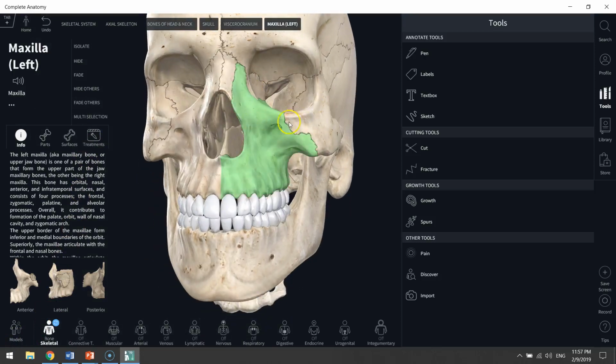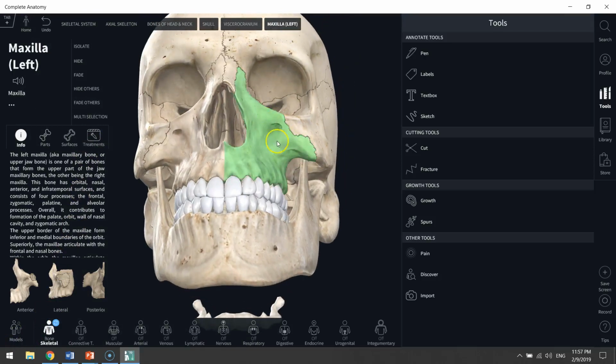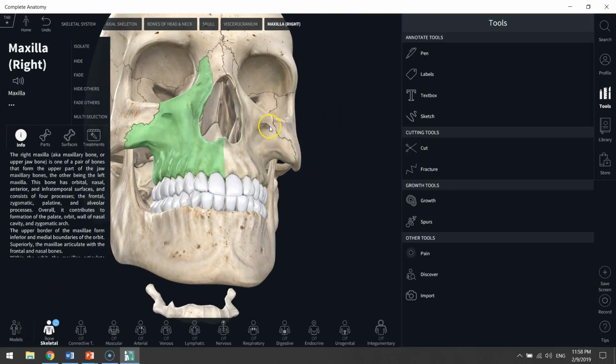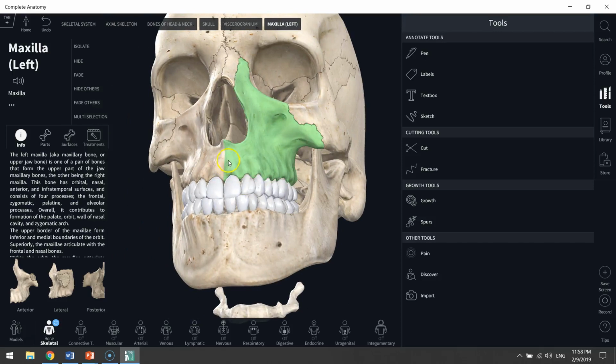Inferior to the inferior ridge of the orbit is found the infraorbital foramina, one on each side, through which pass the maxillary branch of the 5th cranial nerve, trigeminal nerve.